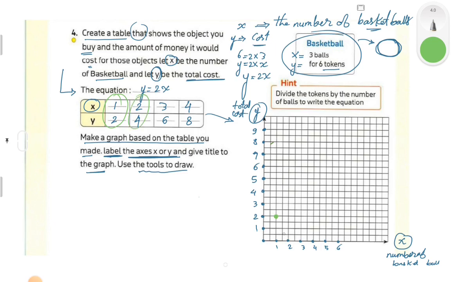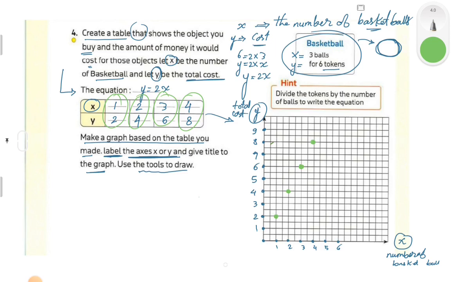Next ordered pair 2 and 4: 2 on x, 4 on the y-axis, next point. Third ordered pair 3 and 6: 3 and go up to 6, where 6 is here. Last ordered pair 4 and 8: we have 4 and go up to 8 here.